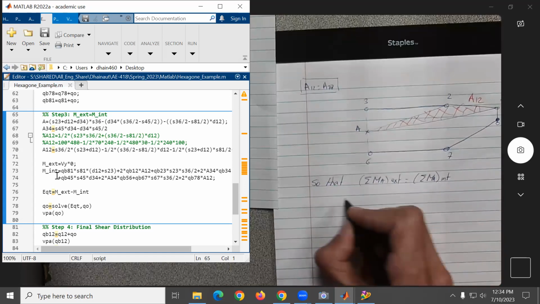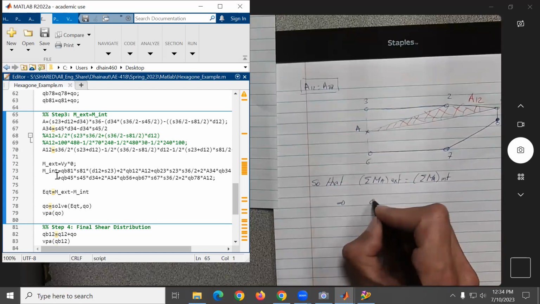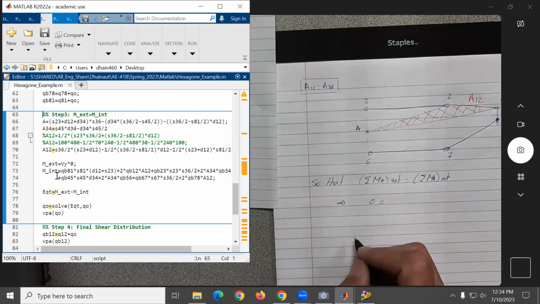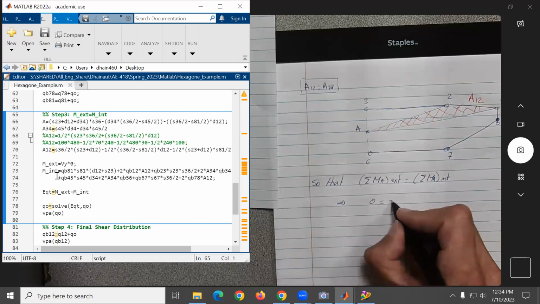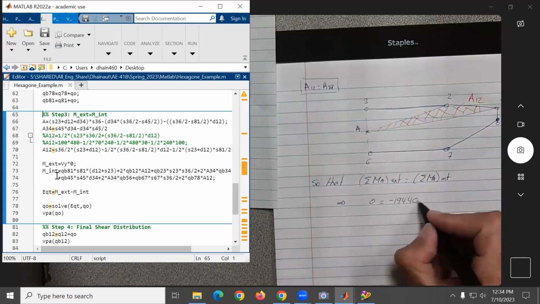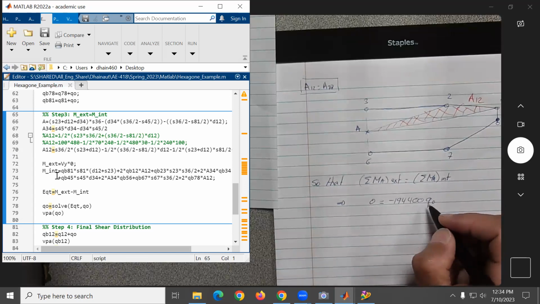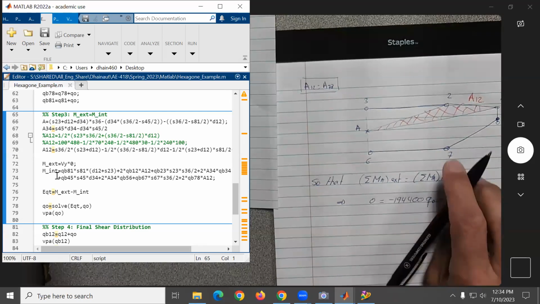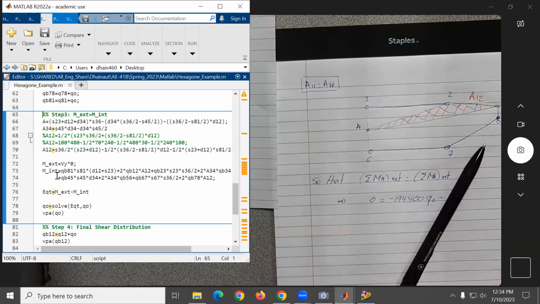Once you substitute all the values, you get 0 equal to minus 194,400 Q sub naught. I guess I got this from the MATLAB, so maybe we can execute that one. It should be this equation here.